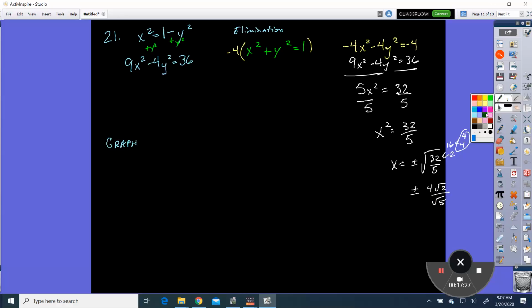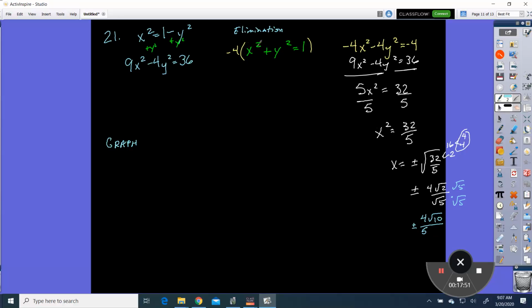And then because we don't like to leave a square root on the bottom, I can multiply top and bottom by the square root of 5. So what I get is really 4 square roots of 10 over 5, plus or minus. Okay? But this part's an important part because it says x squared equals 32 fifths.